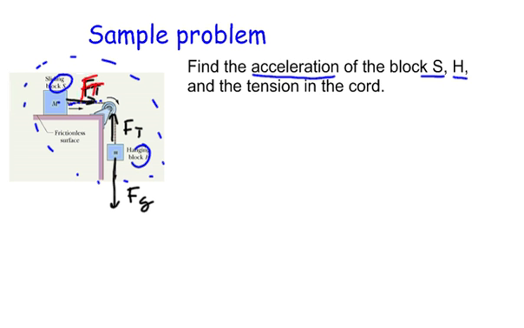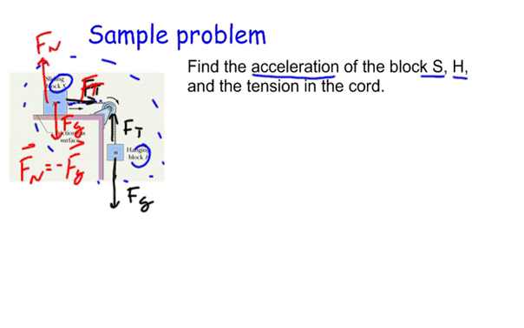What other forces are acting on the big mass, or block S, rather? On block S, we have the force of gravity pulling it down, but there's also the normal force pushing up from the table. And we know that the normal force equals negative the force of gravity. So those cancel each other out.